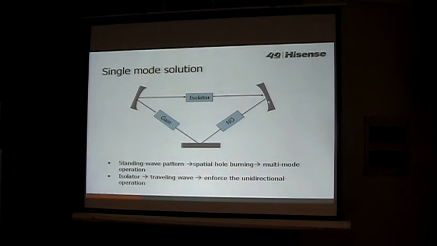If we have a standard standing-wave cavity structure, we'll have a standing wave pattern of the optical field inside the cavity. That means in some areas the optical field will be very large, and in some areas very small.